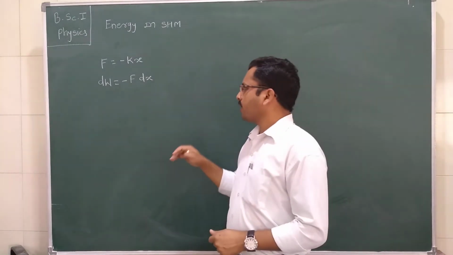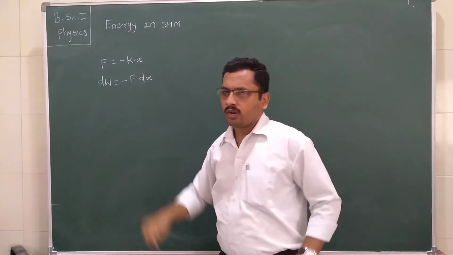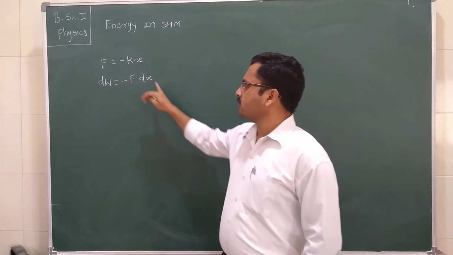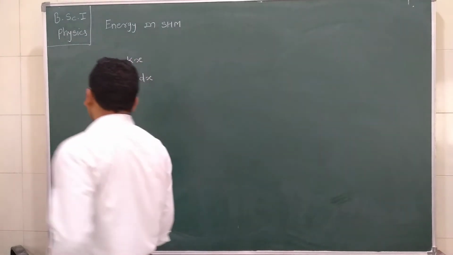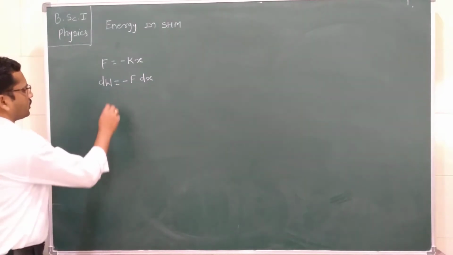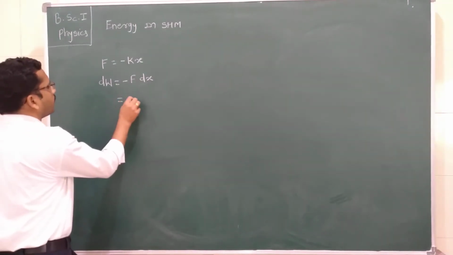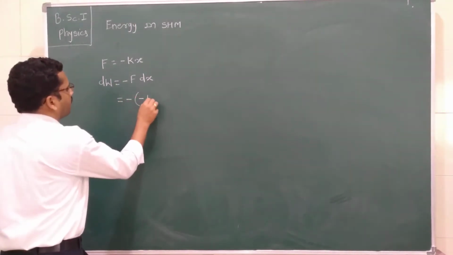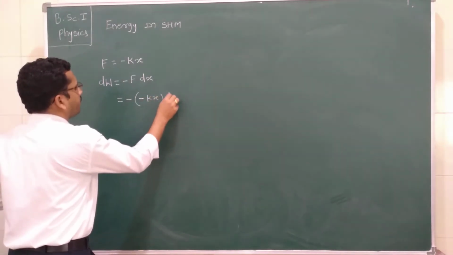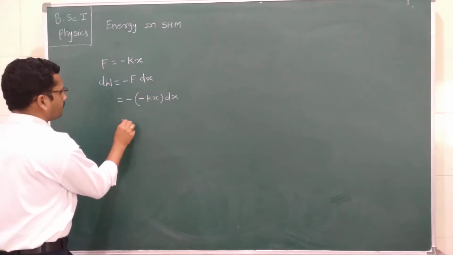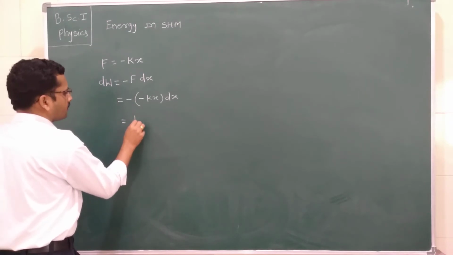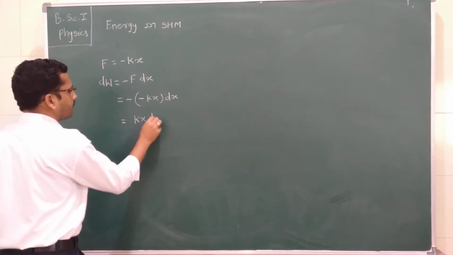Okay, so we can find the total work for the displacement x by integrating this equation. Putting the value of F as minus kx multiplied by dx, this minus becomes plus, so it is equal to kx multiplied by dx.